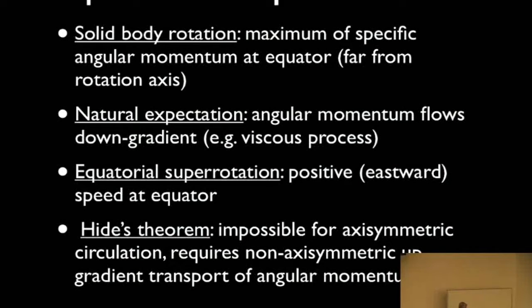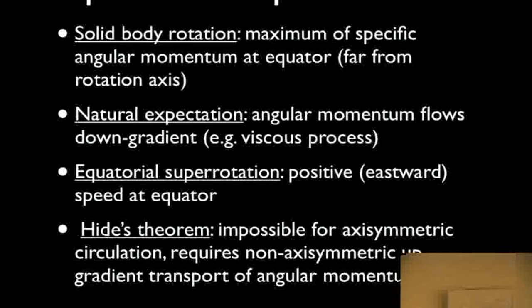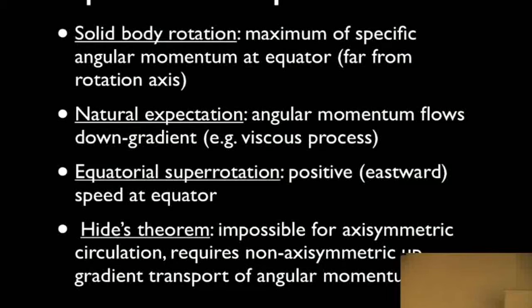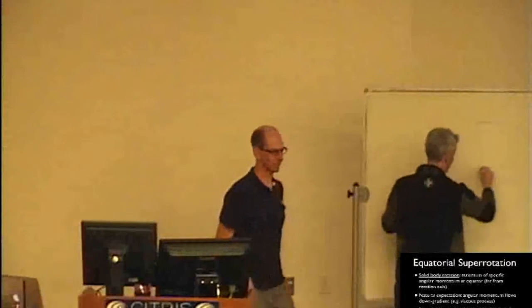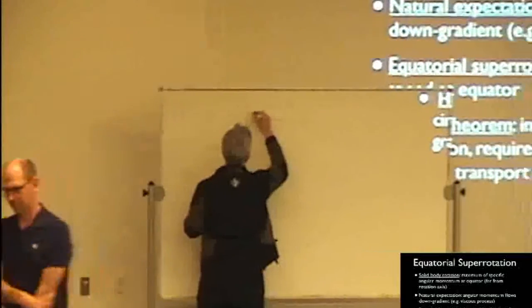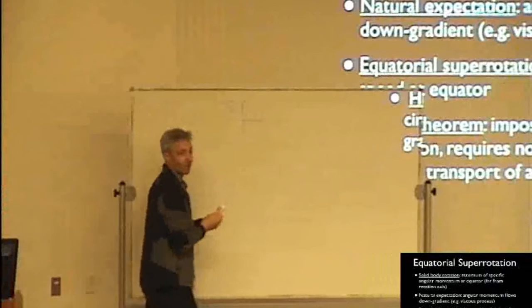And so the significance of super rotation is the following. The way we want to think about this is that we look at this hemisphere. I have this planet here, and this is my omega vector, the rotation of the planet.